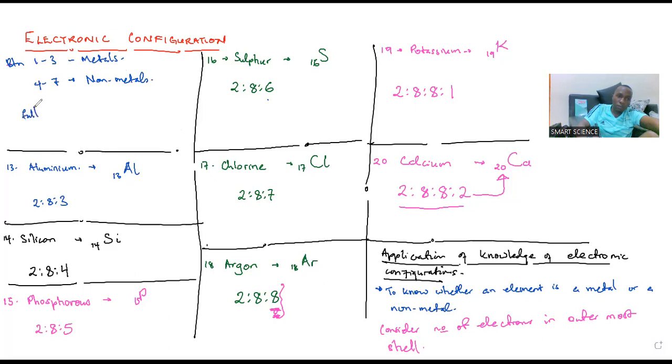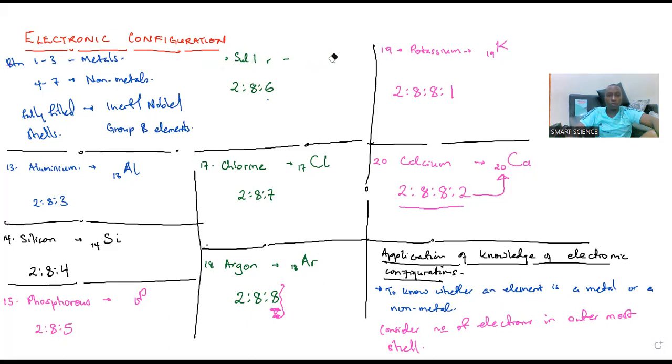And those with fully filled shells, we are going to call them inert. If you don't call them inert, you're going to call them noble. If you don't call them noble, you are going to call them group 8 elements. So these elements do not react because they have no valency. Their outermost shells are filled up.